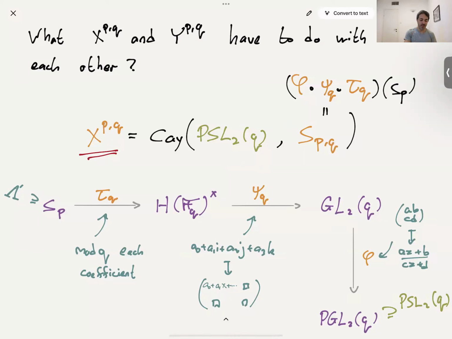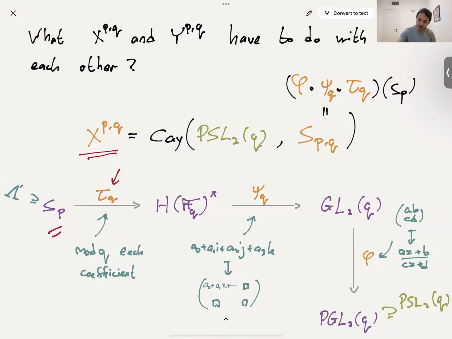And how does it work? We started with SP. Don't worry about this thing for a second, but we started with SP. These P plus 1 elements were the integral quaternions of norm P. And then we took their coefficients mod Q. That was this map tau Q. Nothing super interesting here.